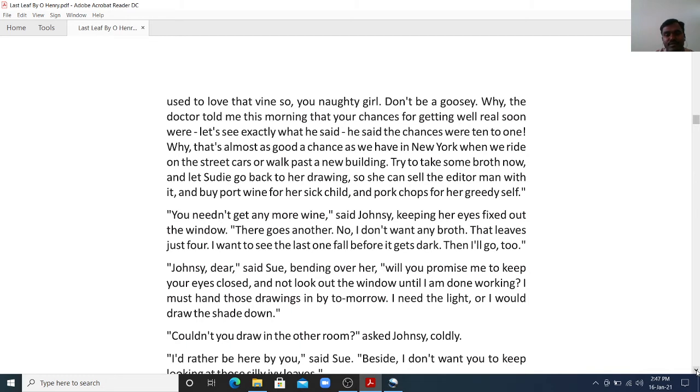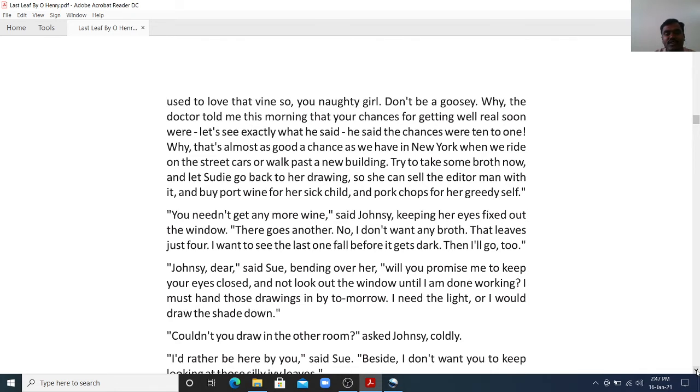Just intently looking through the window, one more leaf has fallen. That leaves just four. Okay, there are only four leaves now. I want to see the last one fall before it gets dark. Then I'll go too. So before it's dark, I need to see the last leaf fall. Don't disturb me. I'm not interested in taking anything. Then I'll also go too.